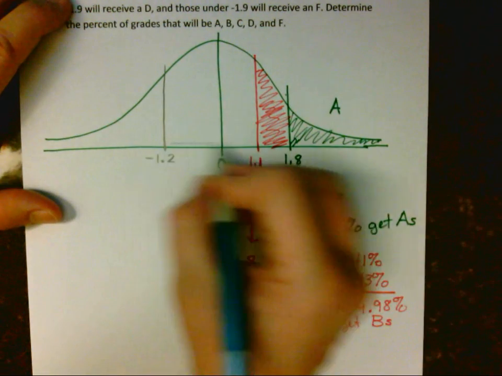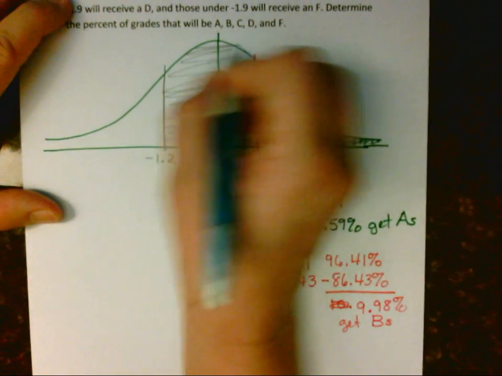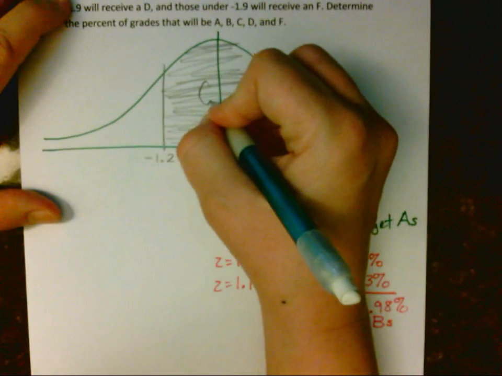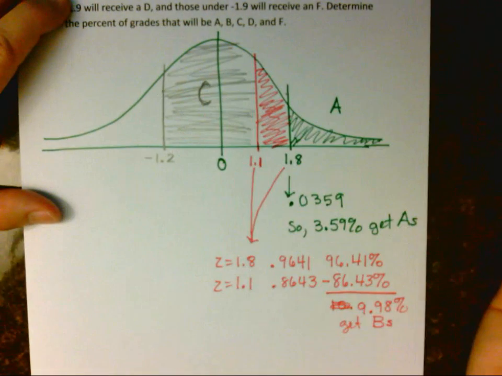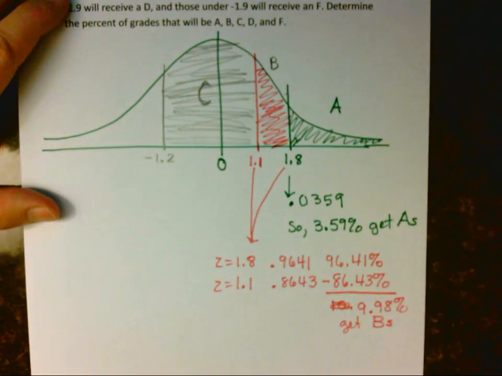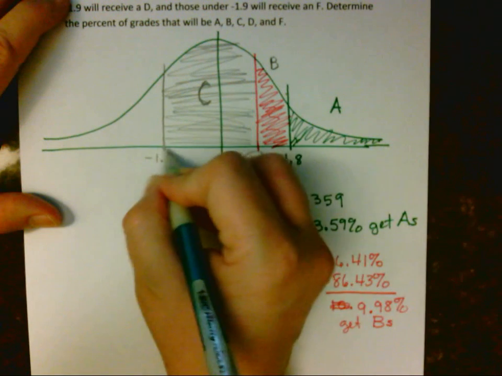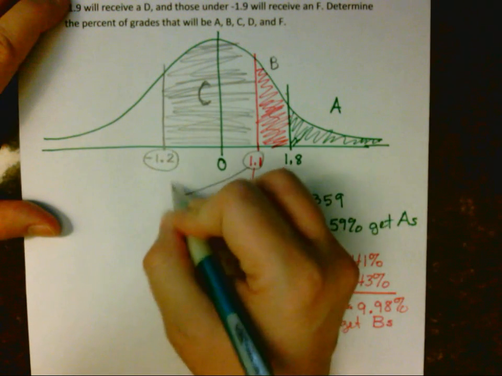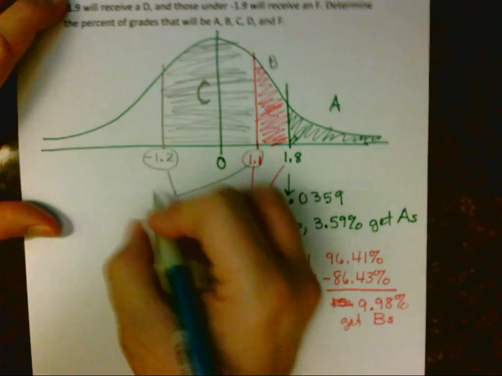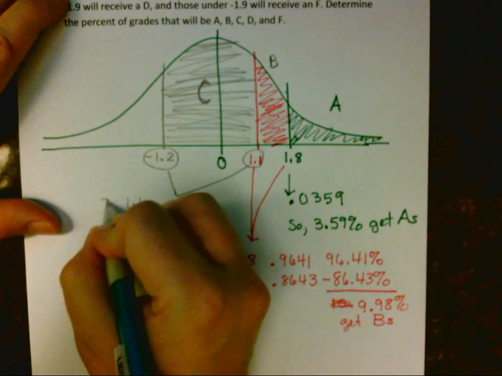Okay, so this is going to be the C range. This was the B. Right. For the C range, I take the two Z-scores right here, and I look them up.